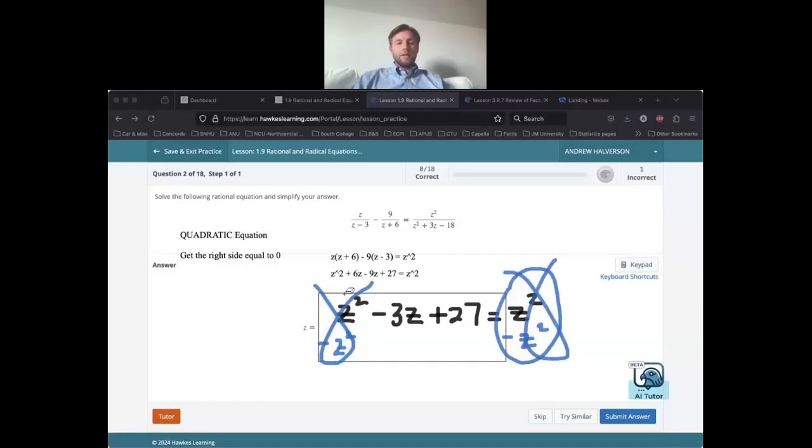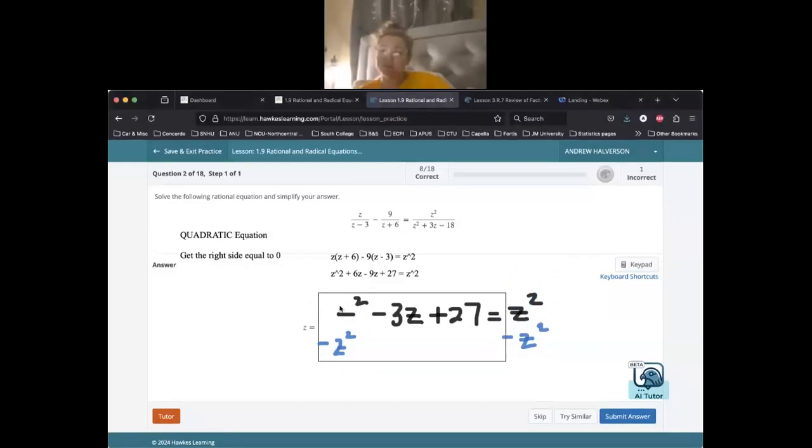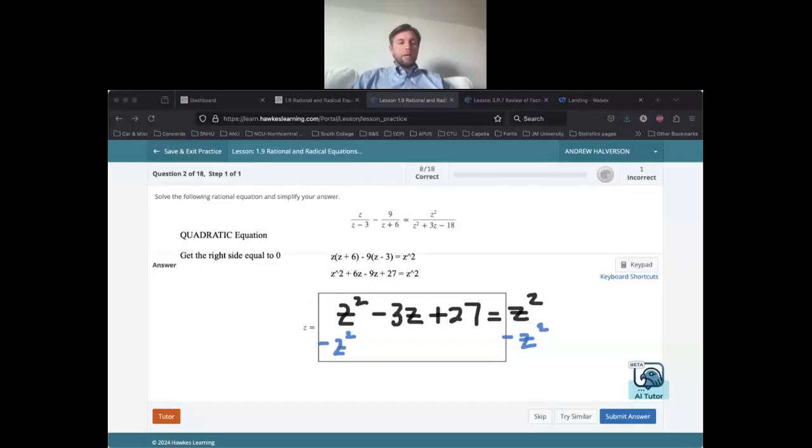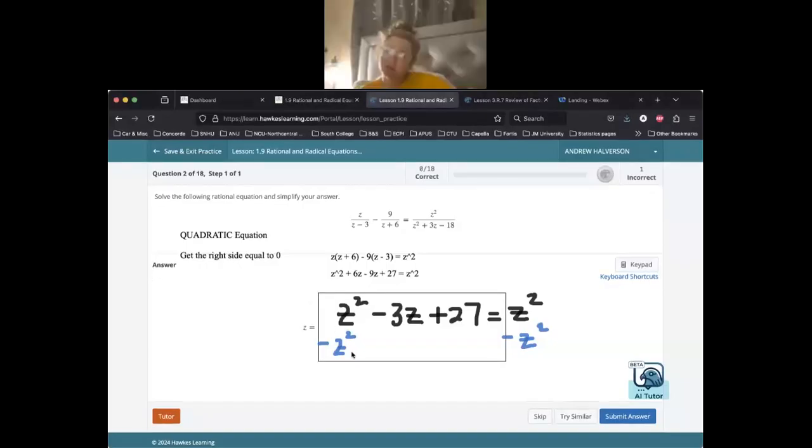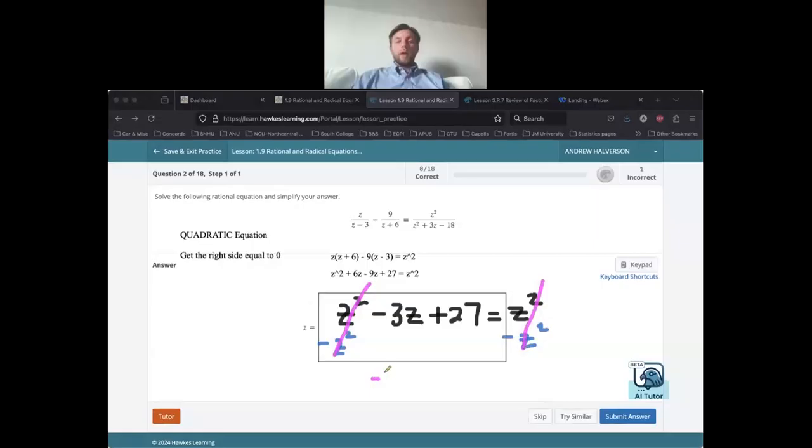So we're left with negative 3z plus 27. Those go away. So minus 3z plus 27 equals what?